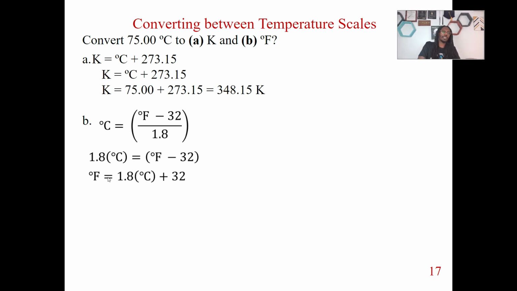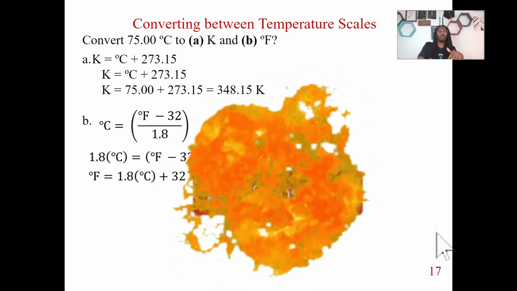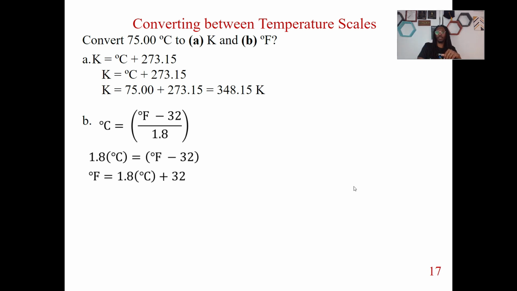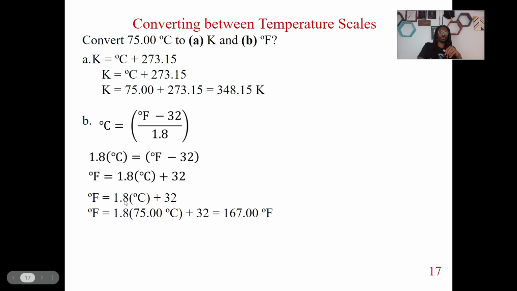So now that we have Fahrenheit solved, what can we do now? Let's just plug in everything. Fahrenheit equals 1.8 times Celsius plus 32. I have 75 degrees Celsius, so I'm going to do 1.8 times 75 plus 32.